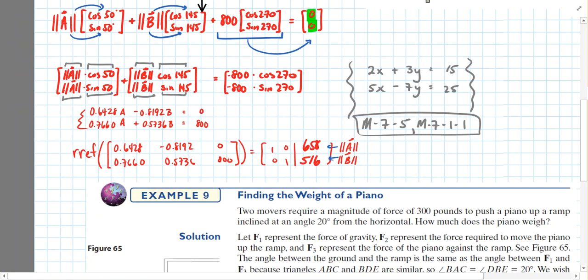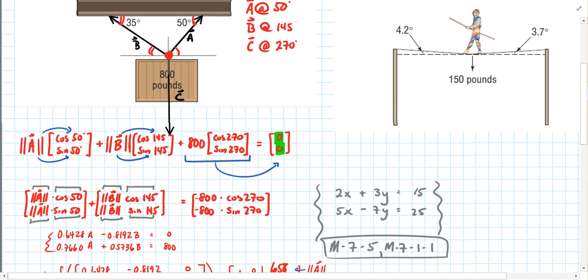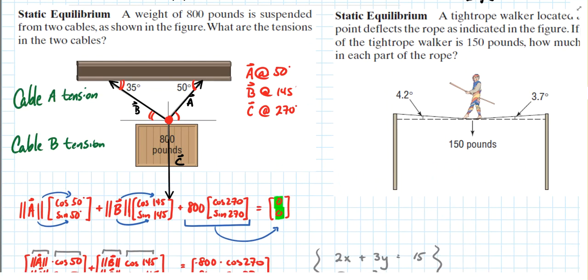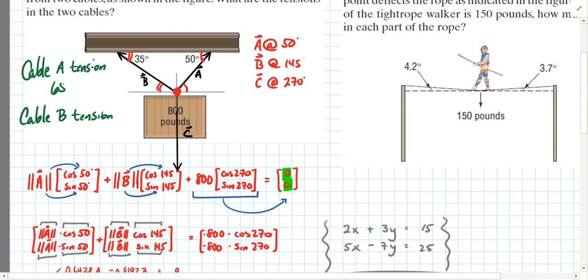And so by setting up this system of equations, we've now determined that the tension in A, so let's see here, where's a good spot to report this? All right, so cable A's tension was 658 pounds, while cable B had a tension of 516 pounds.